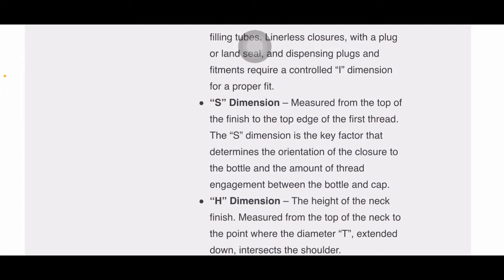So basically, the N dimension is where the threads start on a cap, where the S dimension is where the threads start on a jar. Why they have different values or letters, I don't know. Because a T and an E and an H and an I, they're all the same on both jar and cap. So I don't know why there's S for jar and N for cap, but typically a cap is only 30.